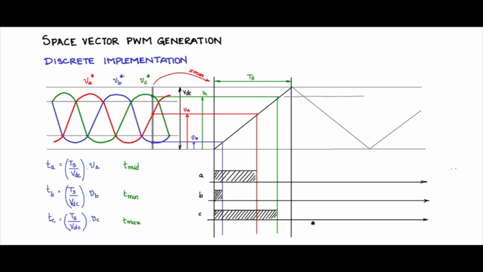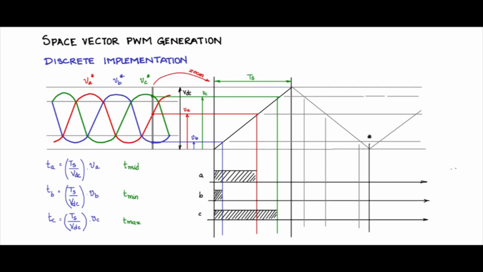So let me hash them. These can be extended further because this window has many triangles, and I can also drop down the cutting points here. So this is in dark because this is another TS period, and third TS period, and so on.